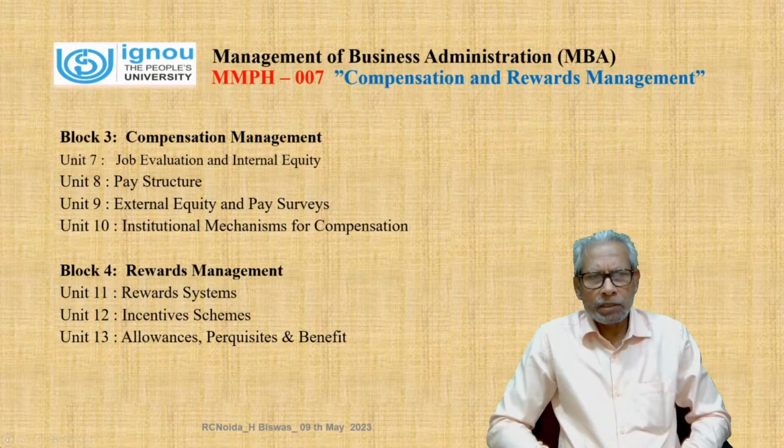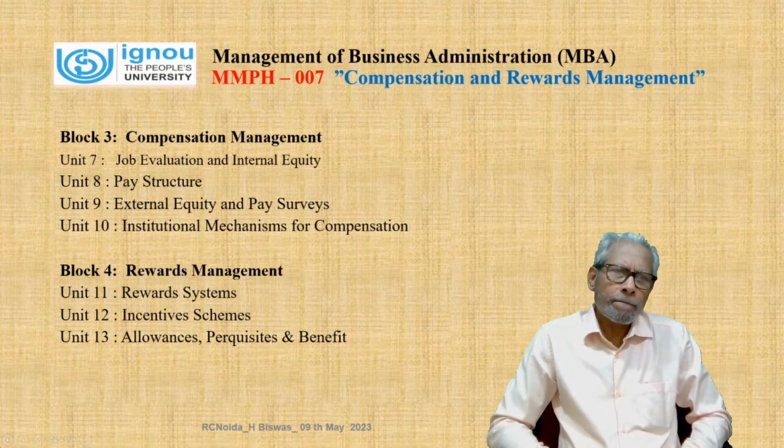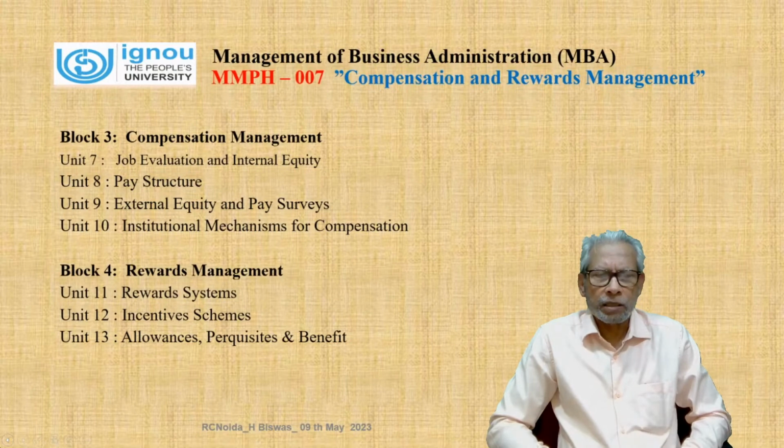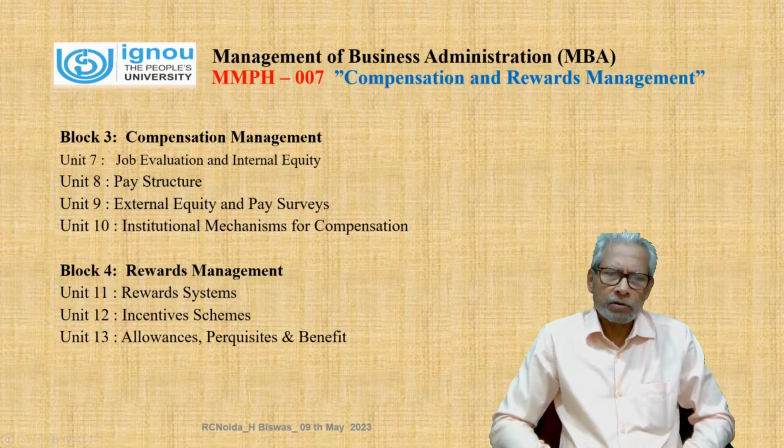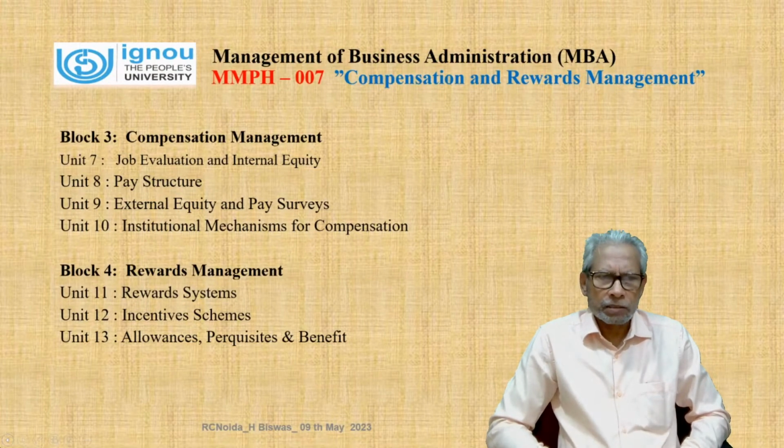After that, the pay structures, where there are salaries, DA, and other benefits. Then external equity and pay survey and institutional mechanisms. Block number 4, the last block, is the reward system: why the reward system is required, and then the incentive schemes that organizations require, and the allowances and participants' benefits have been discussed.